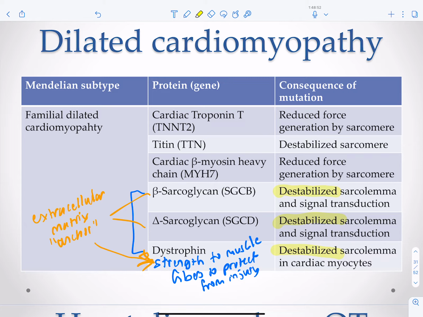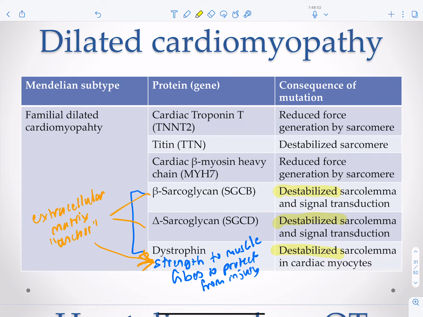So sarcoglycan, the beta subunit, is important in anchoring your muscles, and it helps to maintain muscle structure. It stabilizes this dystrophin complex, which is important again in muscle strength. And then we have our delta subunit, which is another subunit of the sarcoglycan.